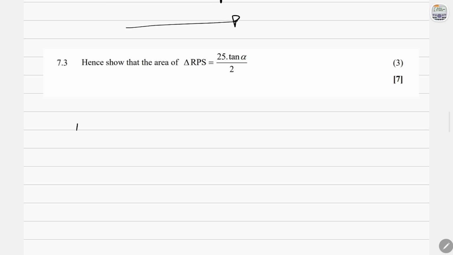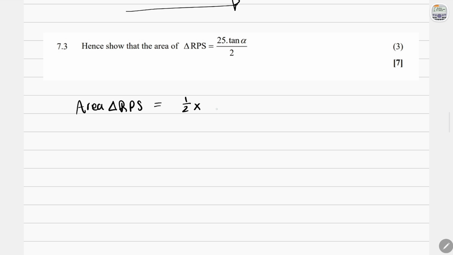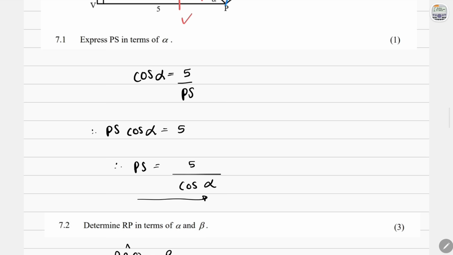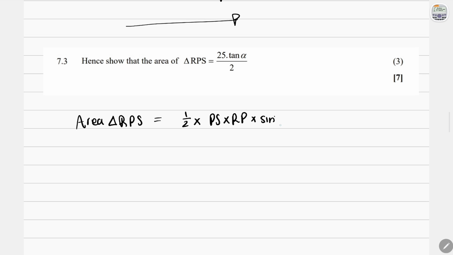So we're saying that the area of triangle RPS is equal to, and the formula is, a half multiplied by the side next to it, PS, and then the other side next to it, PR or RP. So PS times RP, and then multiplied by sine of the center angle, the angle in between, which is beta.